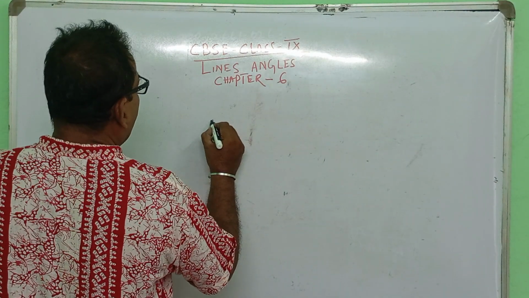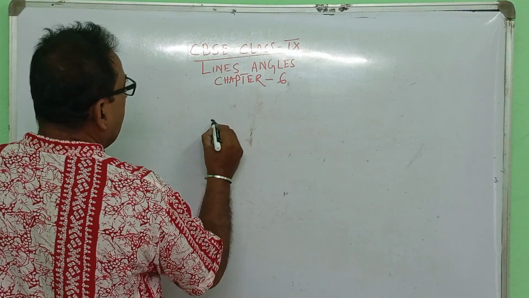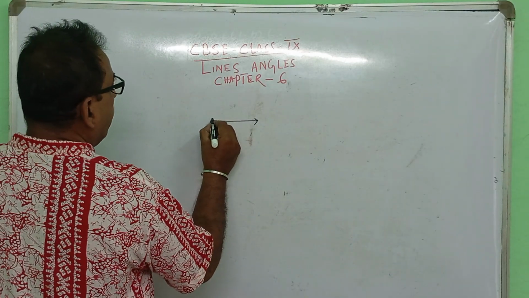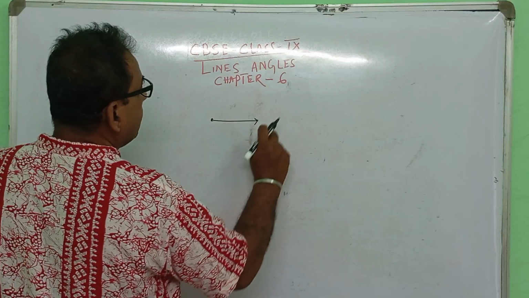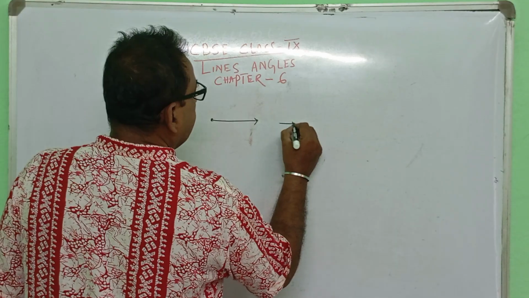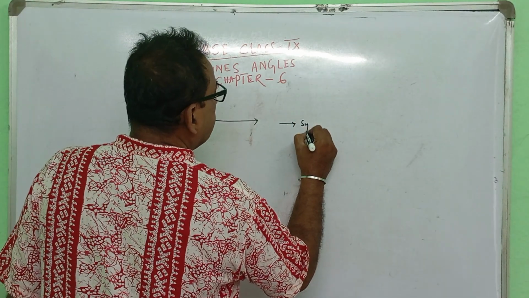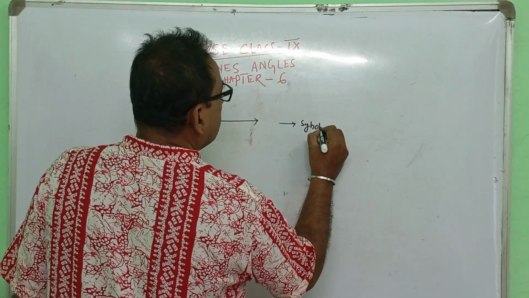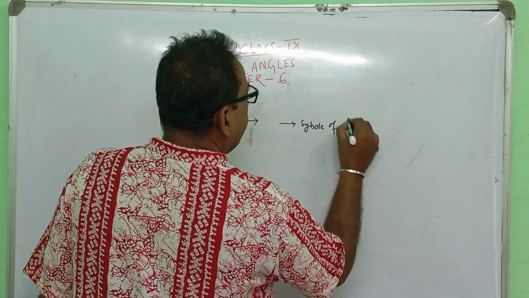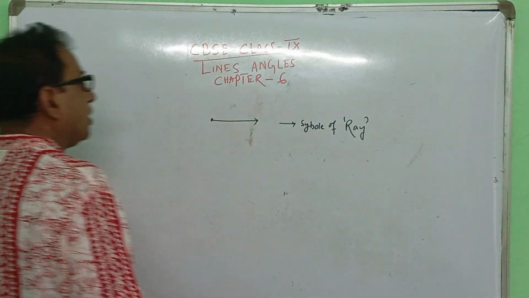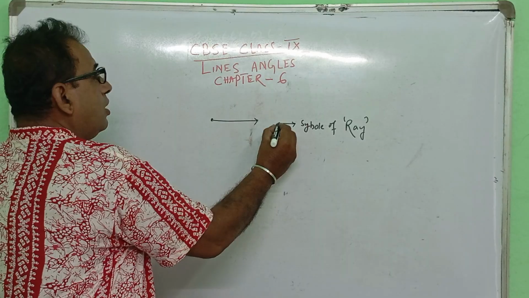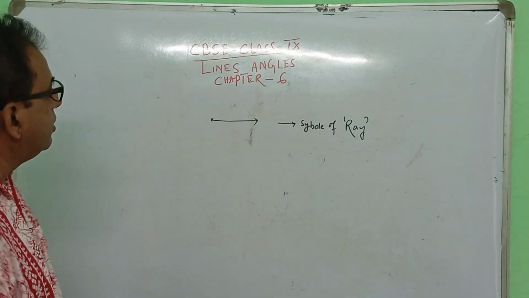Now if it is a point and from this point we draw any line, then this is the sign, this is the symbol of ray. Clear? Whenever this sign is given, this is called the symbol of ray.